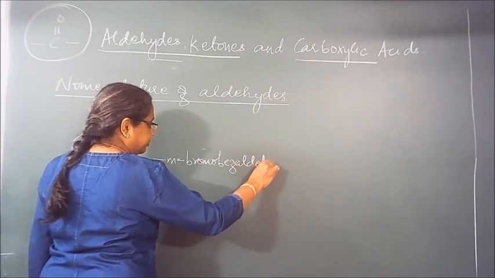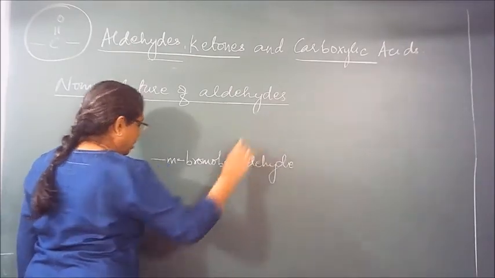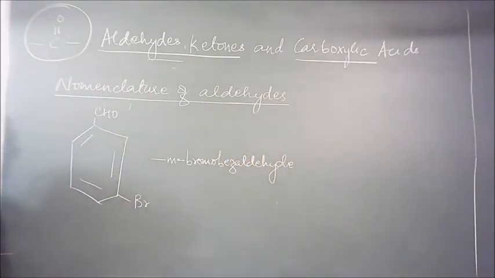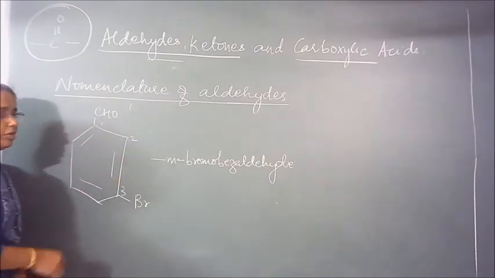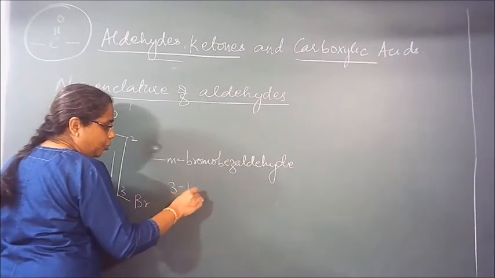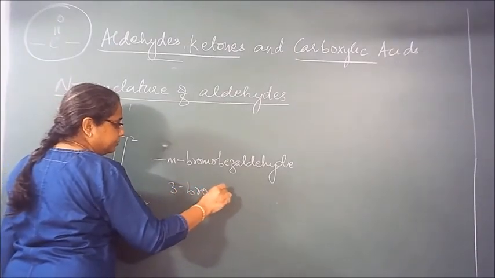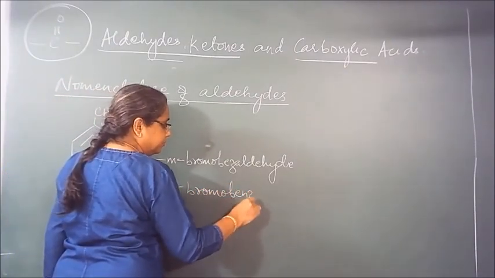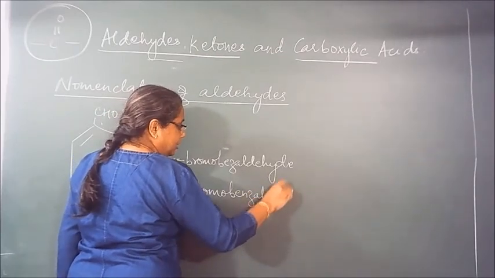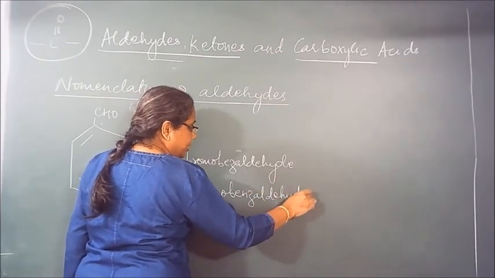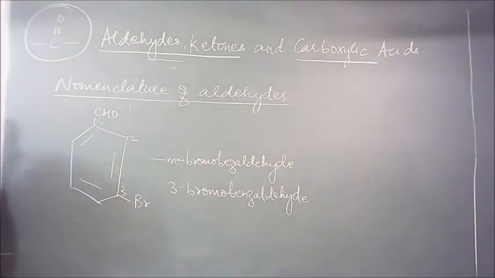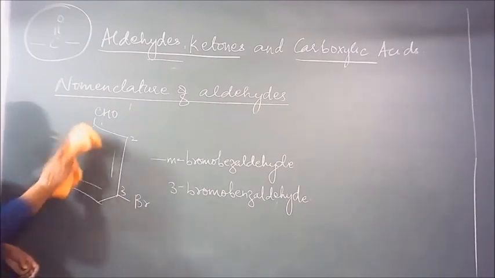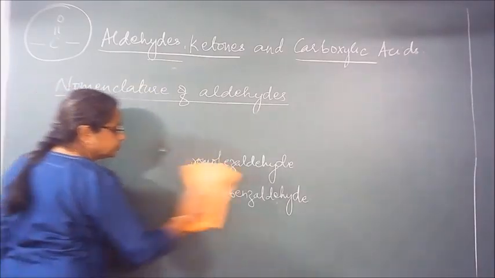What is its IUPAC name? Its IUPAC name, this is 1, 2, 3. So it is called 3-bromobenzaldehyde. Meta-bromobenzaldehyde or 3-bromobenzaldehyde. Okay? Now we will talk about the next compound.